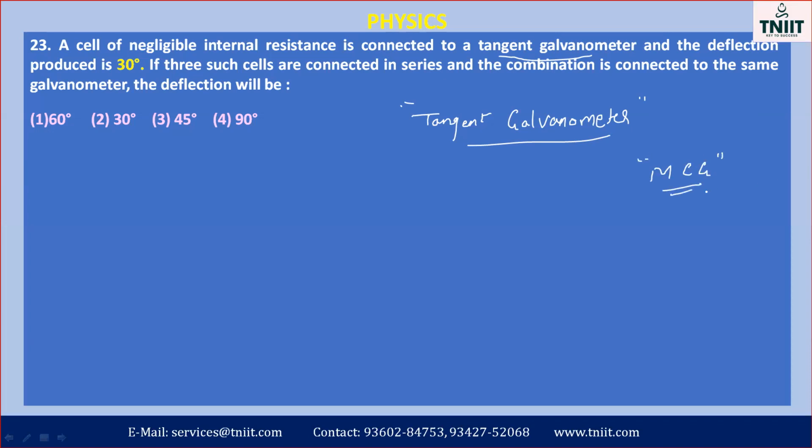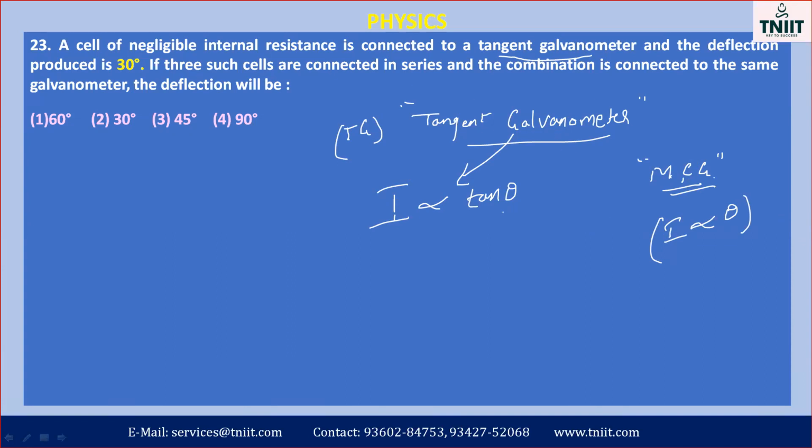In the moving coil galvanometer, you have studied I is proportional to theta. But in the case of a tangent galvanometer, I is directly proportional to tan theta. This is the difference.